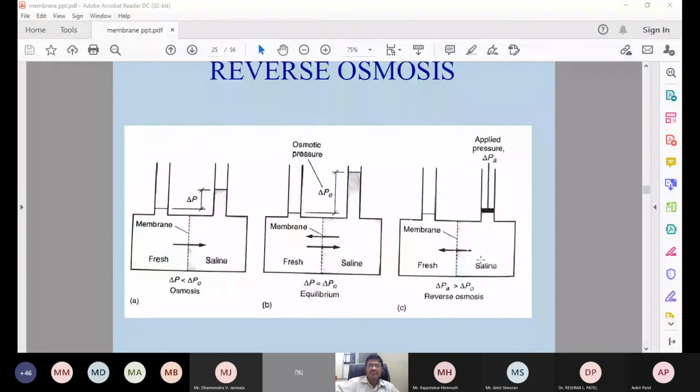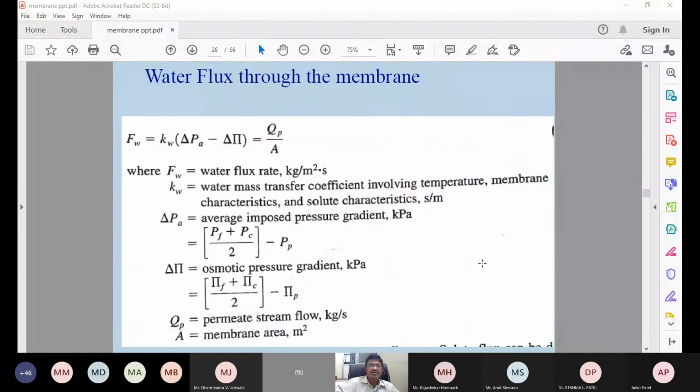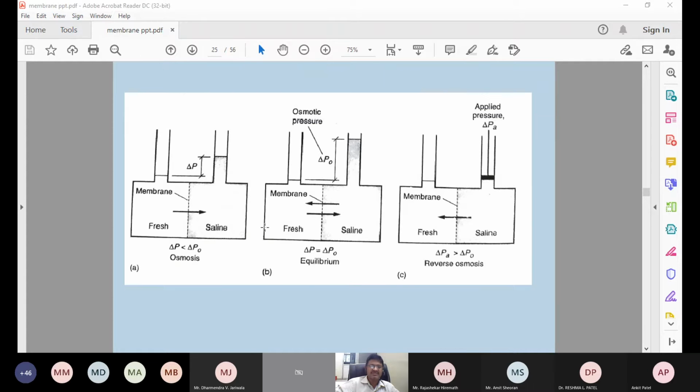Now, if you want to know what the water flux rate will be in this, that is very simple. That will be equal to Kw (delta P_A minus delta pi). Delta pi is nothing but the osmotic pressure gradient, and delta P_A is the average imposed pressure gradient, whatever pressure gradient we are applying, like here, from this side.